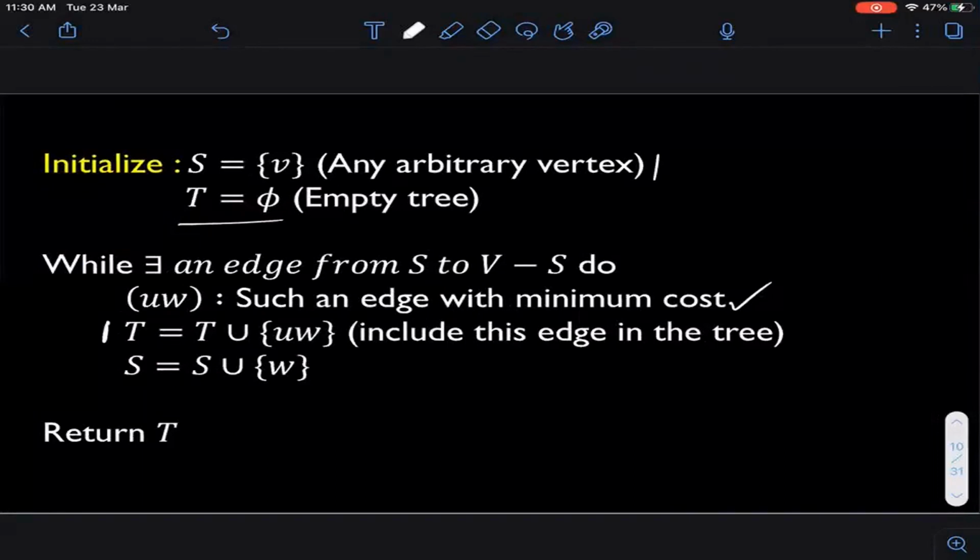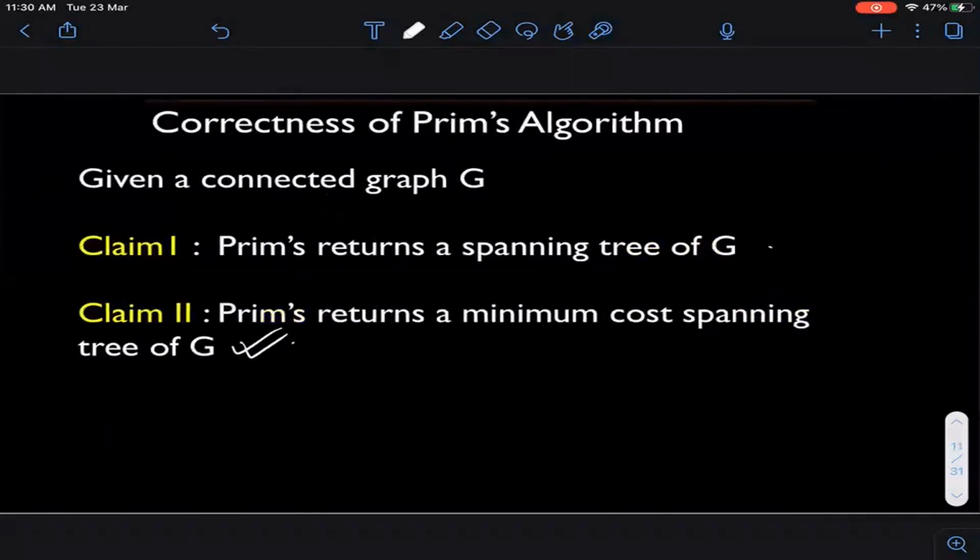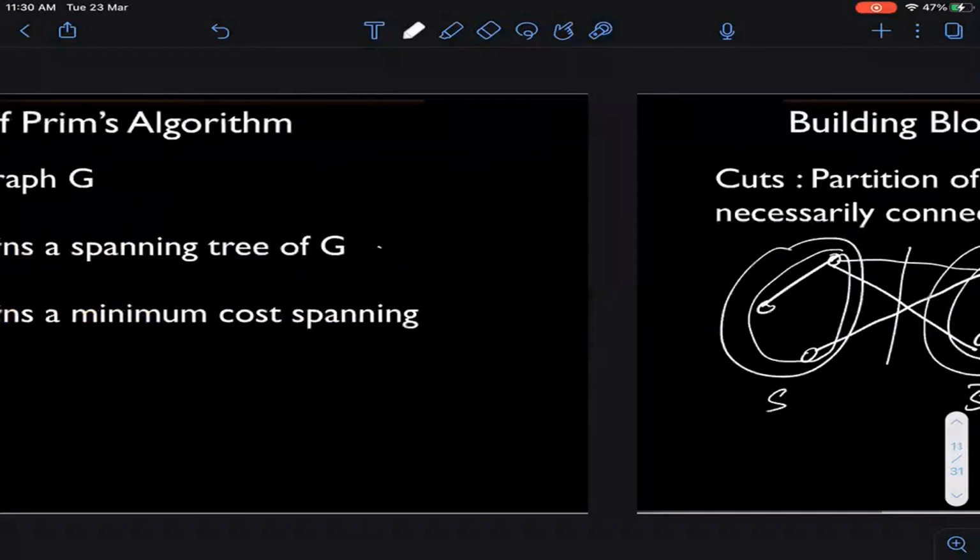So what I claim is that if I look at this set of edges, then it connects all the vertices that are till now included in S. It spans all the vertices in S. So the edges in T span the vertices in S, is what I'm claiming at every iteration. Okay? And this you prove by induction.